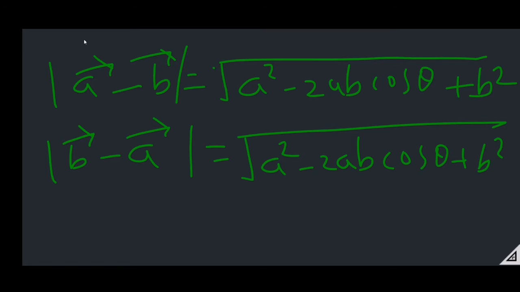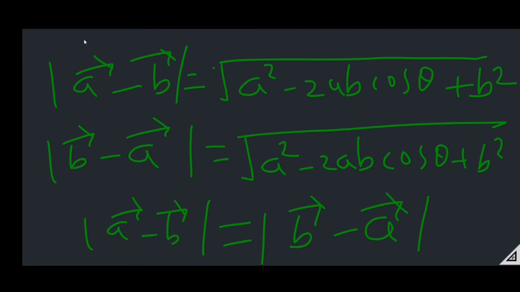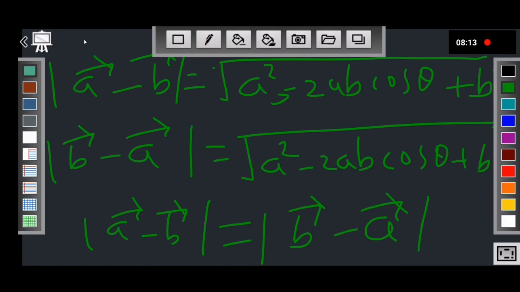So magnitude of a vector minus b vector equals magnitude of b vector minus a vector. So it is equal, and it is clear from this formula. Magnitude of a vector minus b vector is calculated by the first formula, and magnitude of b vector minus a vector by the second formula.